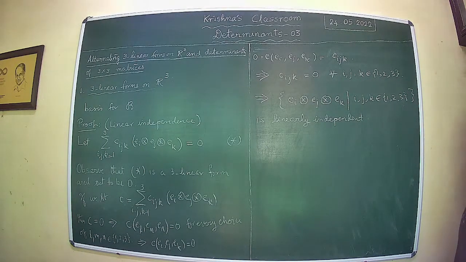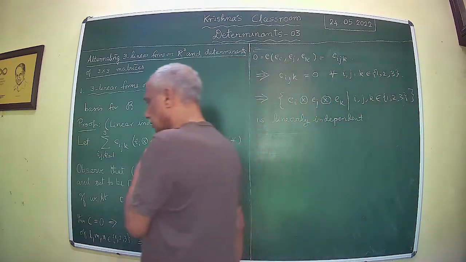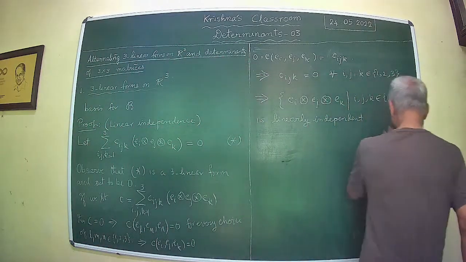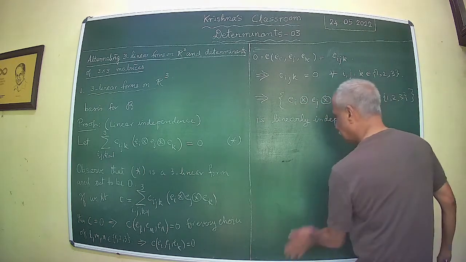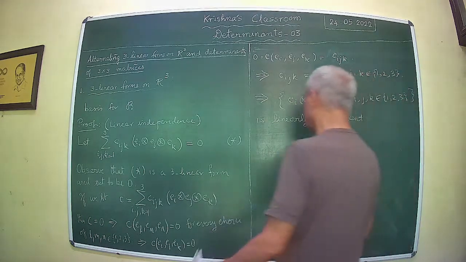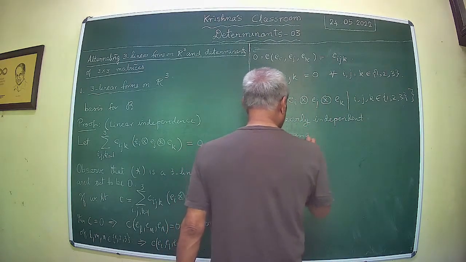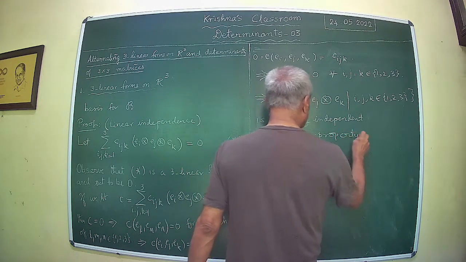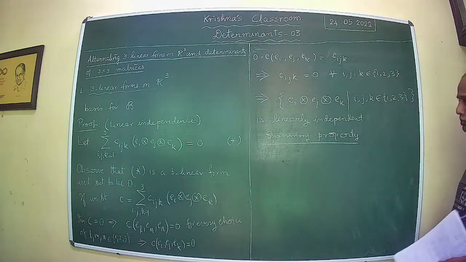Now let us show that every B belonging to the set can be written as a linear combination of, say, these 27 elements. Now what is the spanning property? So what do we do?